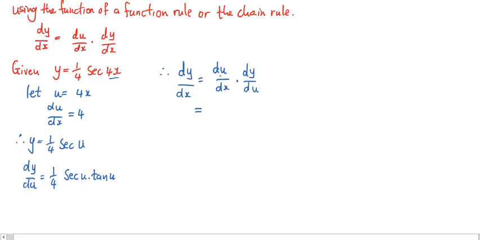We've calculated du over dx as 4, so we multiply 4 with 1 over 4 times sec of u and tan of u.